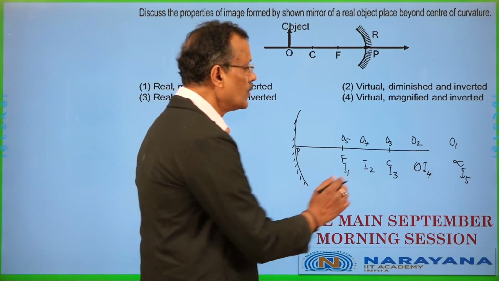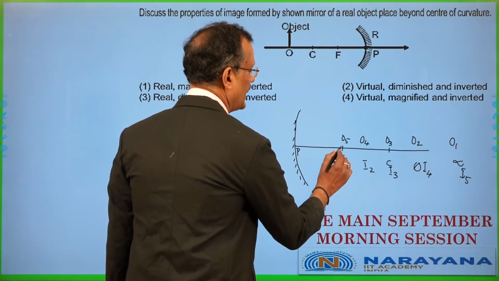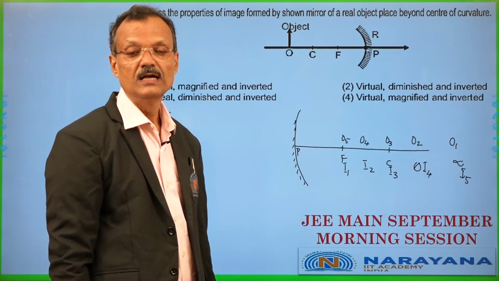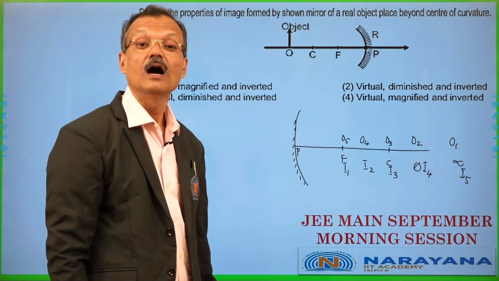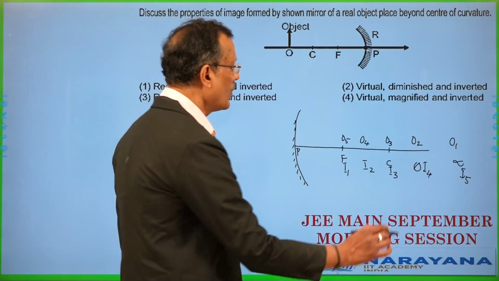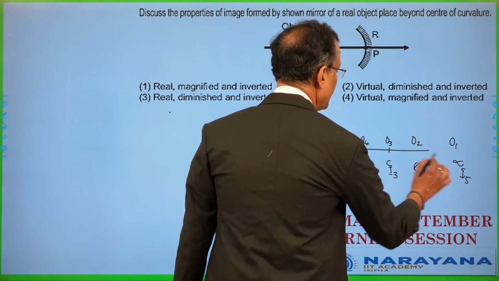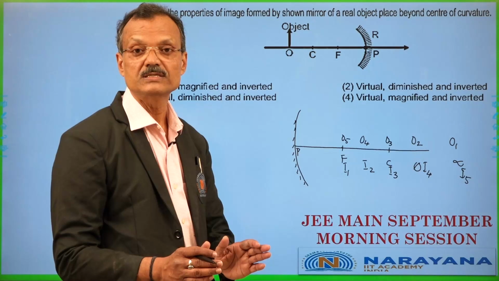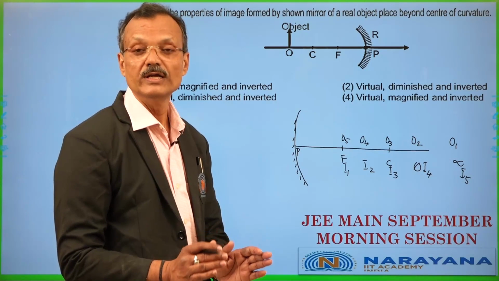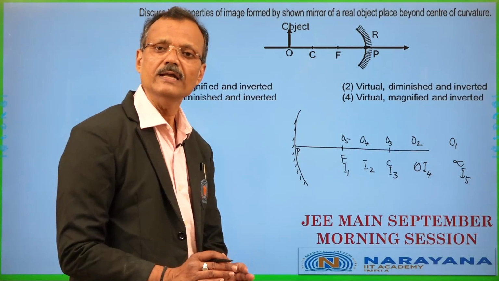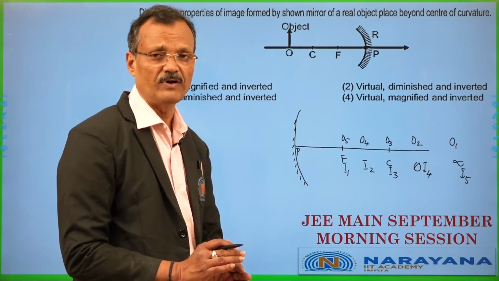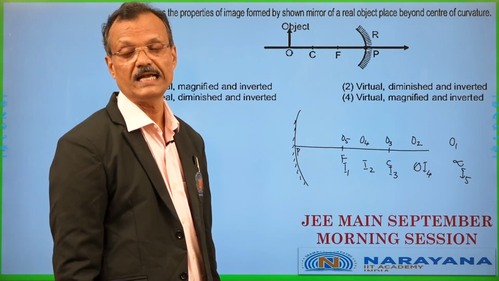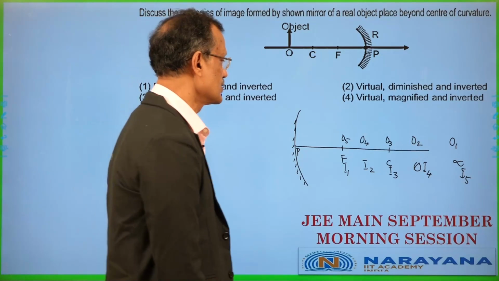So, now when the object is at infinity, you have a point-like image at the focus, real, inverted, highly diminished. When the object comes in between infinity and center of curvature, the size of the image will be increasing. Real, inverted, it will be slightly magnified, but still its size will not be equal to the size of the object, it will be diminished in size.